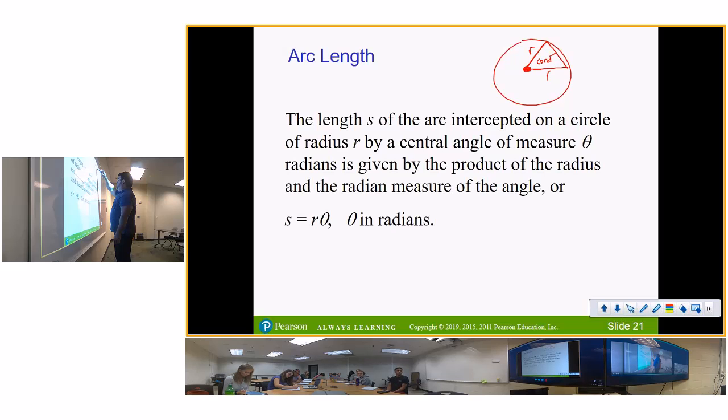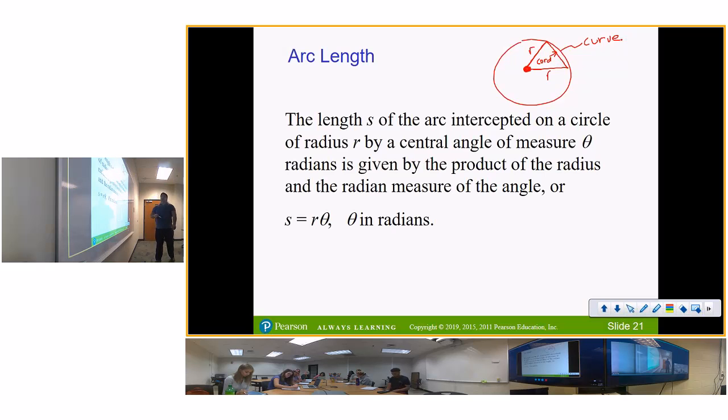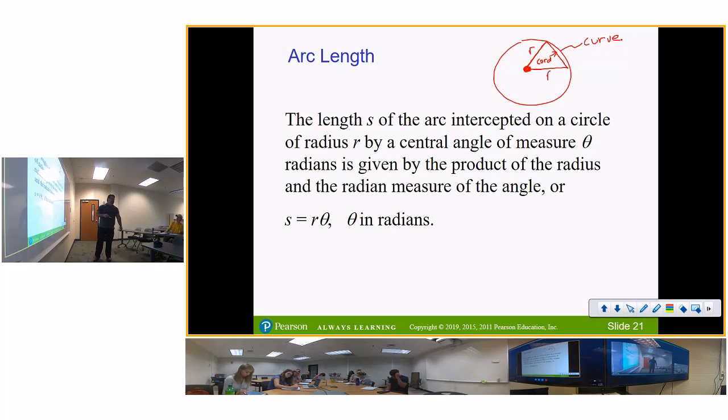If you're going into engineering in the future, a horizontal curve, outside of the chord is called the curve. In the real world, it's called a horizontal curve. In academia, it's called the arc, or the arc length.